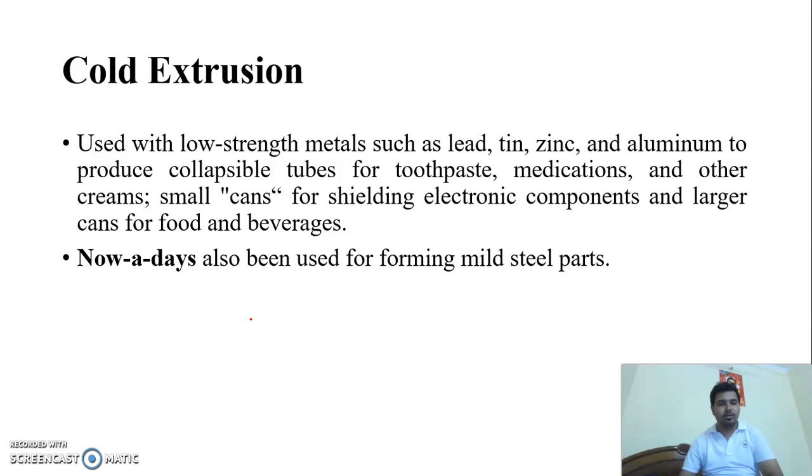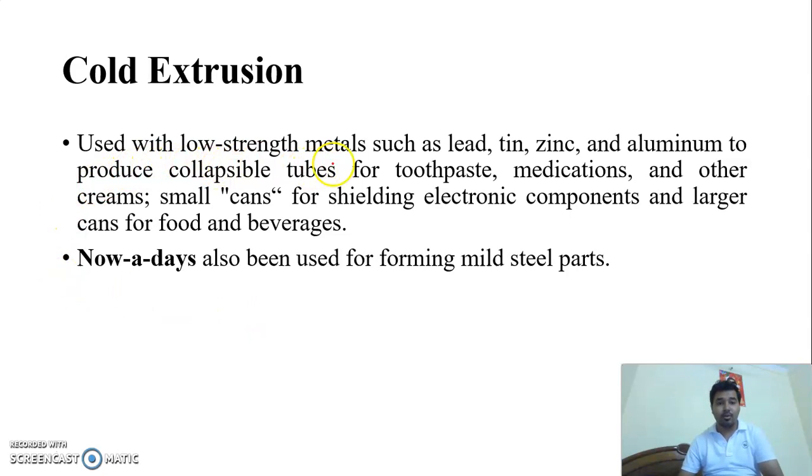In cold extrusion, we don't have any problem of die design, because the temperature of the raw material is less compared to hot extrusion, so the corrosion problem in the die is reduced. Therefore, the design of the die is not a problem in cold extrusion.